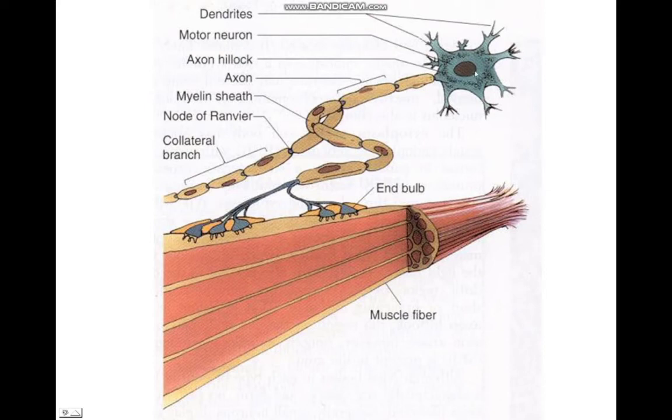This is called the owl's eye appearance. Then in the cytoplasm there are all the usual organelles. There will be the Golgi body, a lot of ribosomes, a lot of lysosomes, lipid granules and other pigment granules, but the most important thing is the presence of the Nissl bodies.